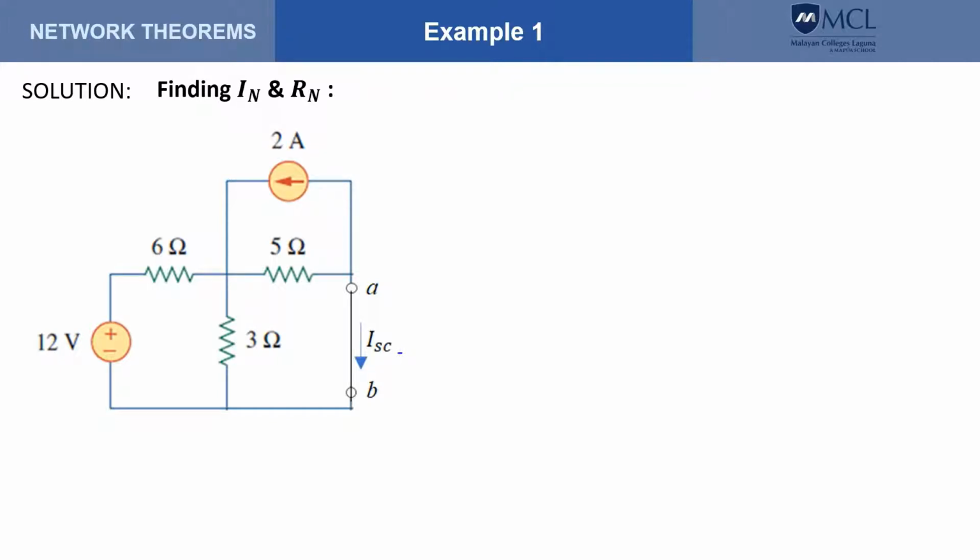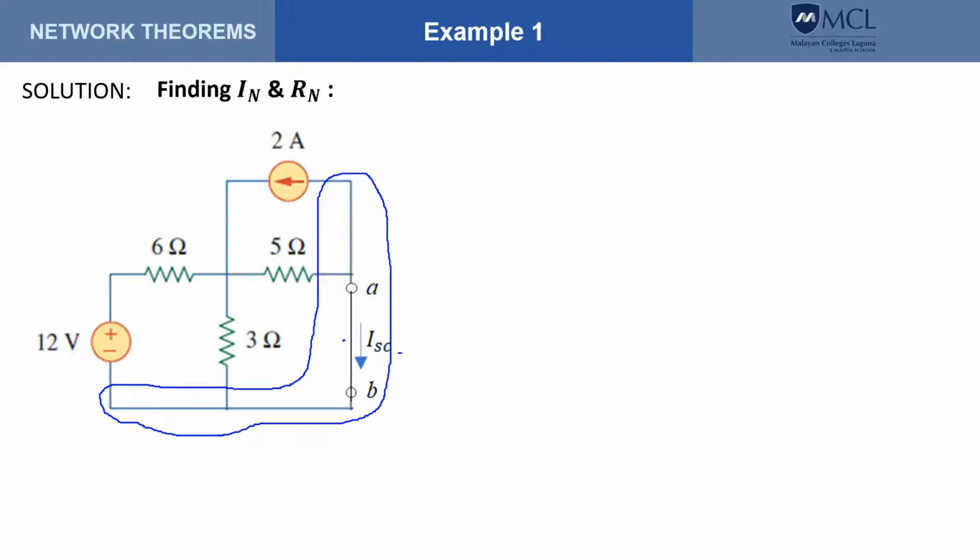Now, how do we find this current, the current I sub SC? Notice that when we remove the 12 ohms and place a short, this entire area here becomes a single node.